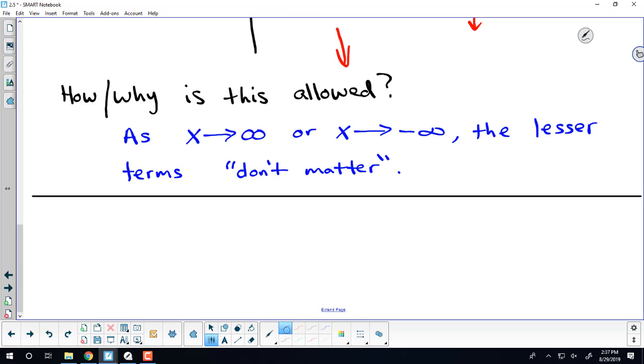Well, fortunately for us, that's exactly how we compute limits at infinity on polynomial functions.